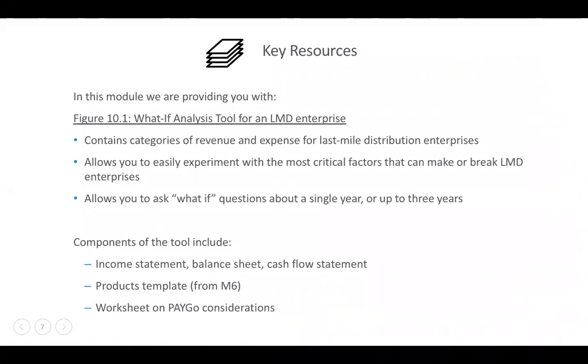Components of the what-if analysis tool include an income statement, balance sheet, cash flow statement, the products template, the same one that you saw in Module 6, and a worksheet leading you through pay-go considerations for those of you offering pay-go to customers. We'll start here with the income statement, which is a good entry point into the tool.